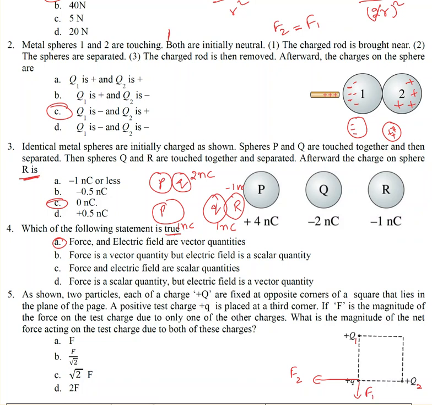Now what is the resultant force? Q1, Q2 are the same. I didn't draw it to scale, so this is my F2, that's my F1, so the resultant force is going to be in this direction. So what is the magnitude of this? F1 and F2 are the same, so it must be square root of 2 times F. That's the total force acting on that charge.